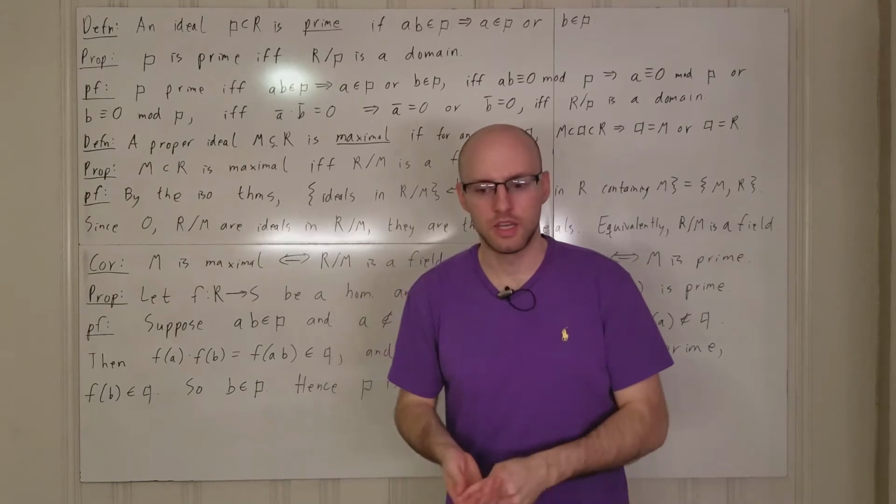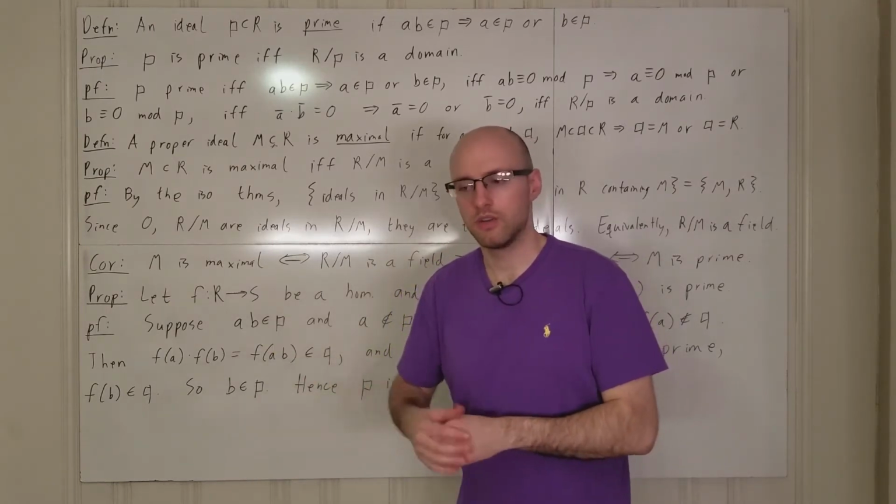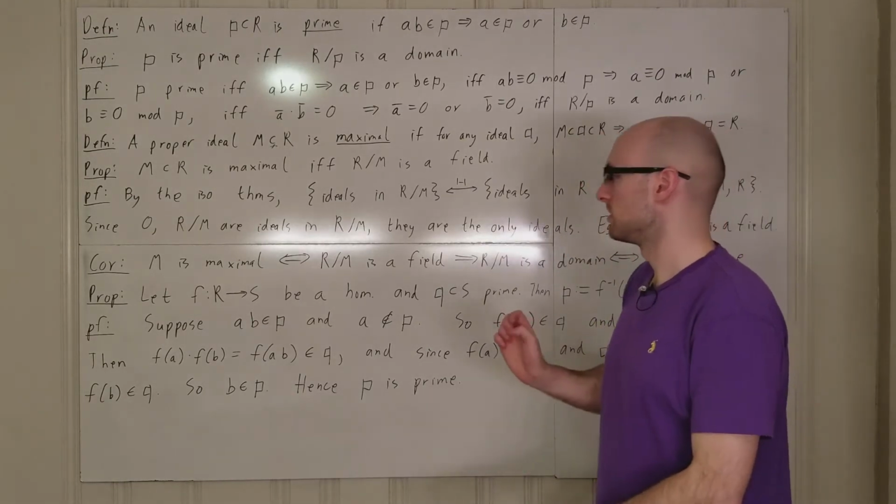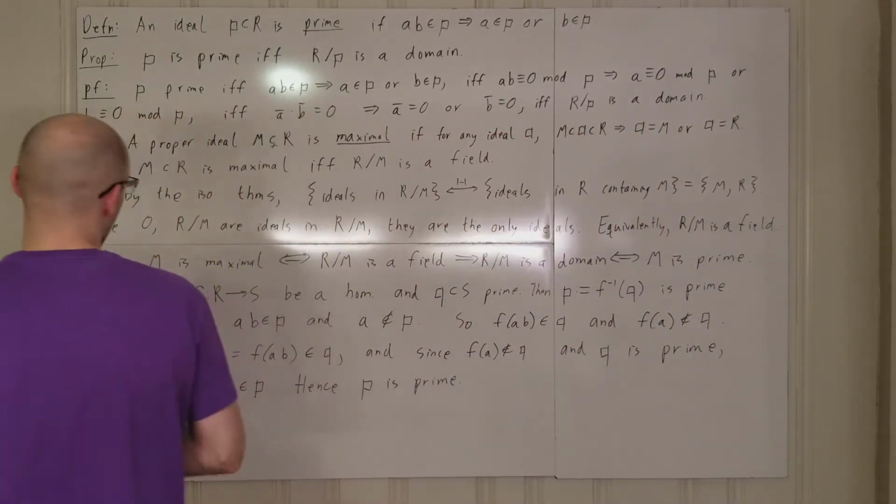But that means that the ideal is either PZ or it is equal to all of Z. Anyways, there's another thing I want to prove before we're done, so let's get going.